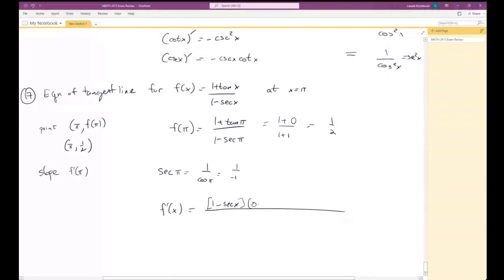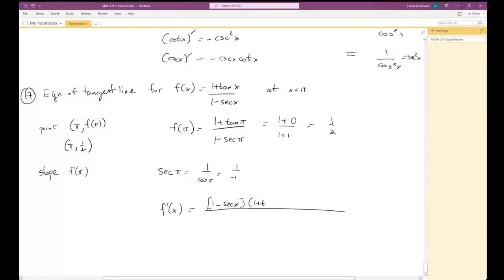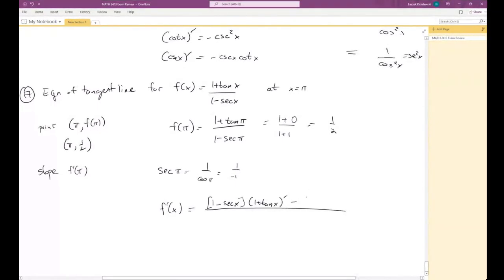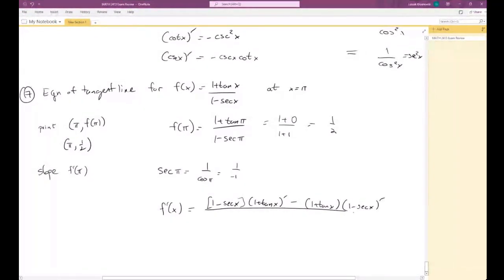So the derivative of 1 plus the derivative of tangent. So low d high, differentiate the top, minus high, so leave the top alone, d low, so differentiate the bottom. How do you people memorize this stuff? All over low squared.